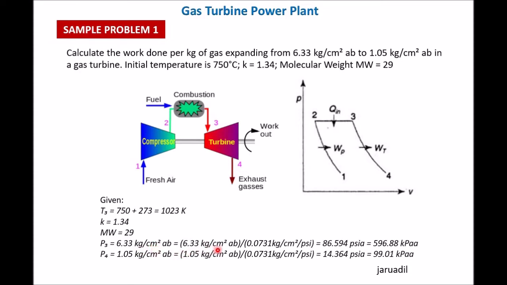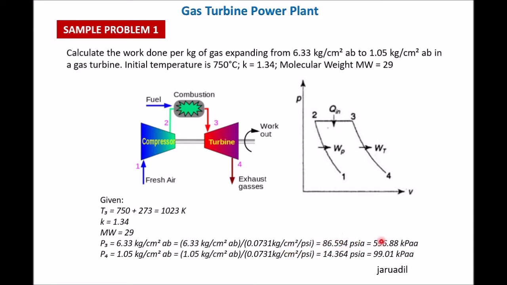Now you can convert this into PSI and into kilopascal absolute. So you divide this by 0.0731 kilogram per square centimeter per PSI. So this is a conversion of units from kilogram per square centimeter to PSI. This means 1 PSI is equal to 0.0731 kilogram per square centimeter. So that's why we have here PSIA.